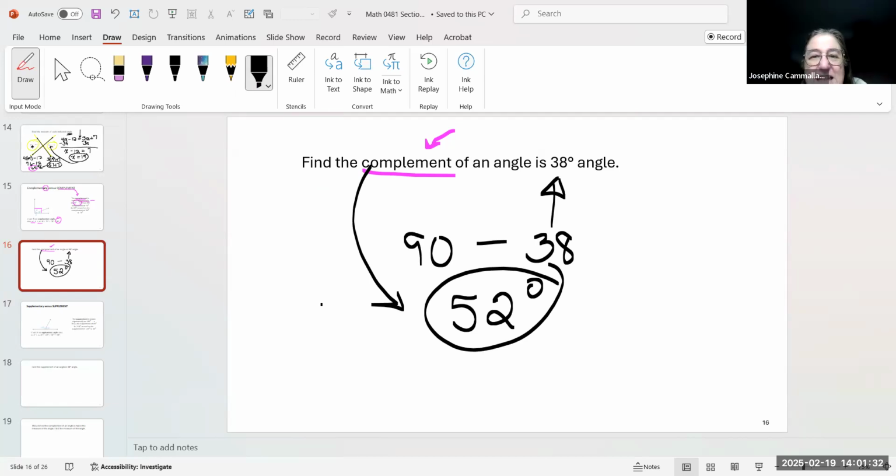The complement, take 38, subtract it from 90, and you get your answer. Okay, that's what the complement is.